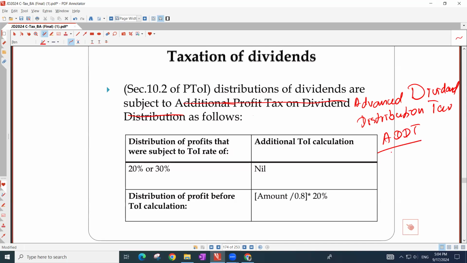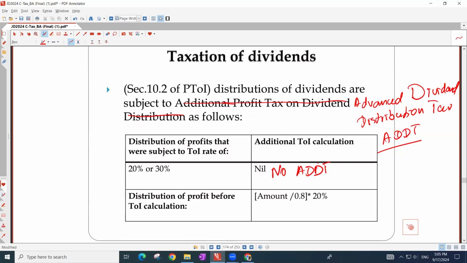Yeah, this is how you calculate advanced dividend distribution tax. So if you distribute dividends after you pay tax on income, 20% or 30%, then this ADDT does not apply. It doesn't matter who you distribute to, resident or non-resident shareholders.